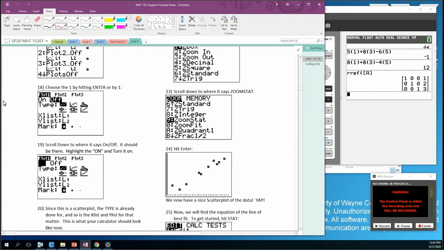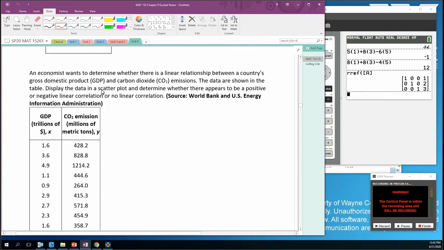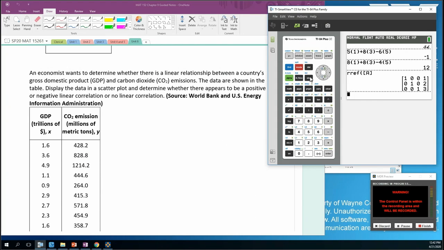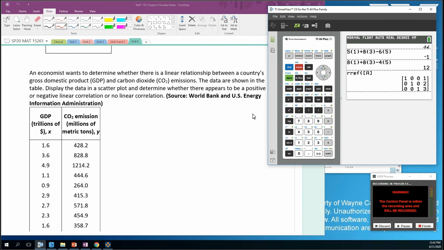My data is already entered. I'm using L1 and L2. List 1 is the GDP in trillions of dollars, and L2 is the CO2 emission.